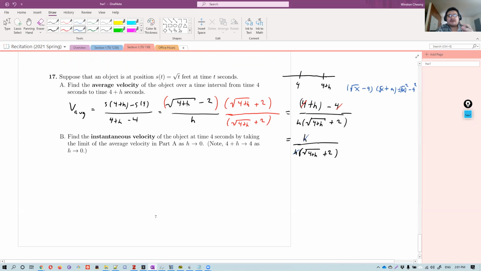And this is because you can divide top and bottom by h. And so you're left with 1 over the square root of 4 plus h plus 2. So this is the simplest thing that you could transform this into. And I may as well put units. They are feet per second.